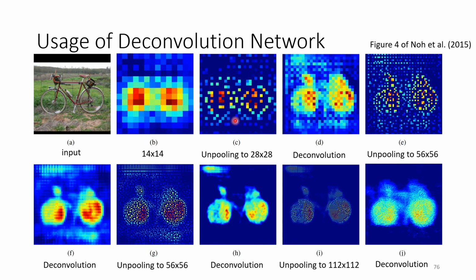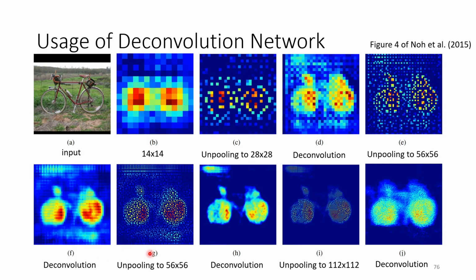Then they learn a kernel to reconstruct the deconvolution images. So from this to this, and unpooling again, they will generate an image like this, 56 by 56, and learn another set of kernels to reconstruct this image.